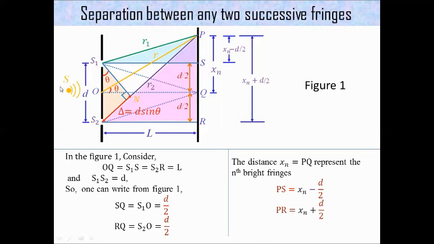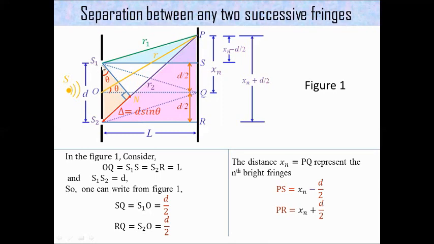The main source S is equidistant from the slits S1 and S2. These two sources, S1 and S2, along with the main source S, act as coherent sources.